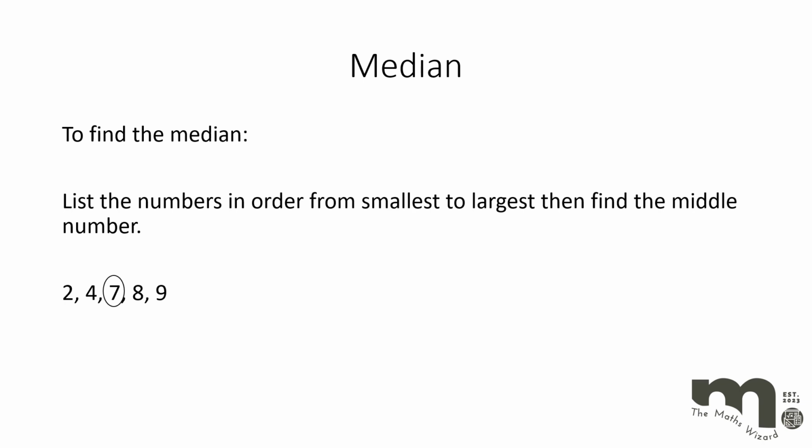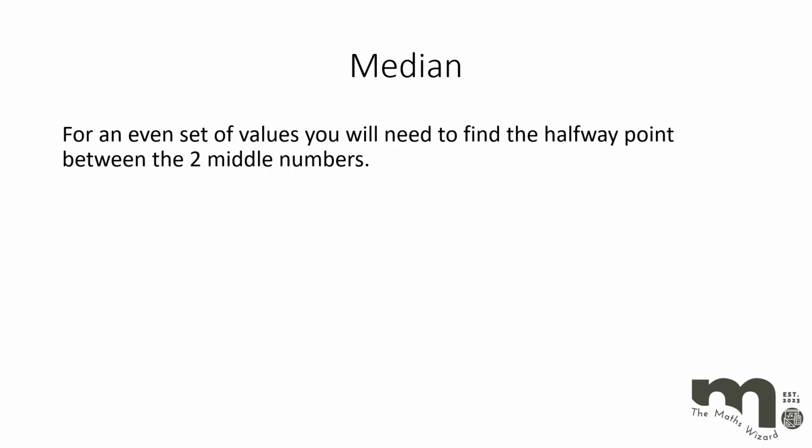Now, there's a slight caveat to this. So if we look at another example for this one. Okay, so sometimes you might have an even set of values. So in your list of numbers, you might have, for example, 6 numbers or 8 numbers or 10 numbers. If that situation occurs, you're going to actually have 2 middle numbers.